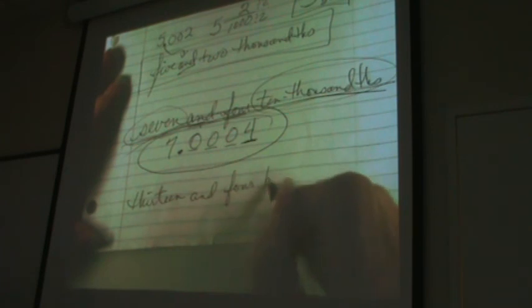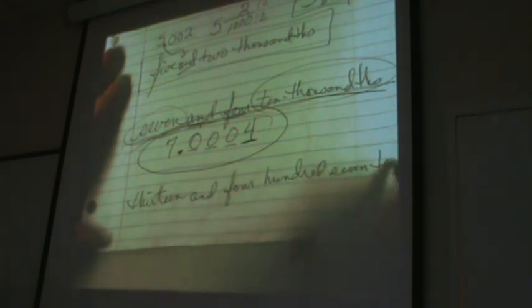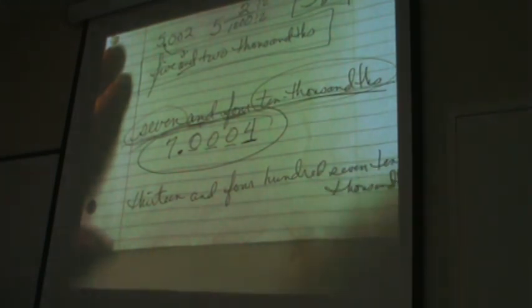Let's do another one. Let's say 13 and 407 ten-thousandths. Okay, so 13 will be the whole number before the decimal. Then 407.